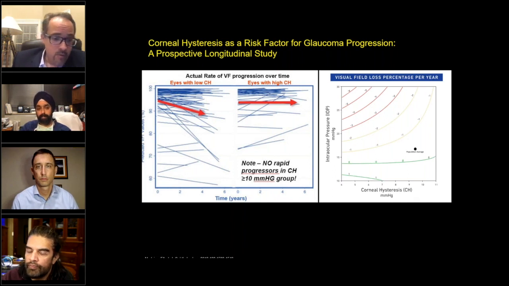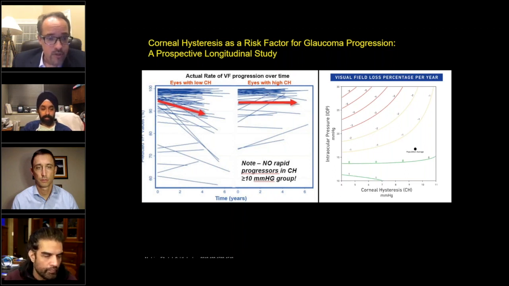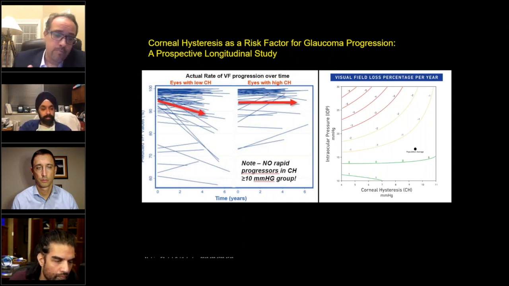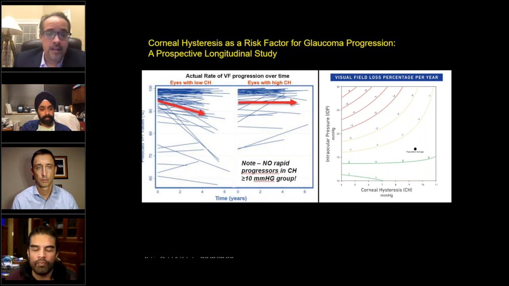What you see on the plots on your left are the slopes of visual field loss. The eyes are divided into eyes with low corneal hysteresis below the average and eyes with high corneal hysteresis above average.